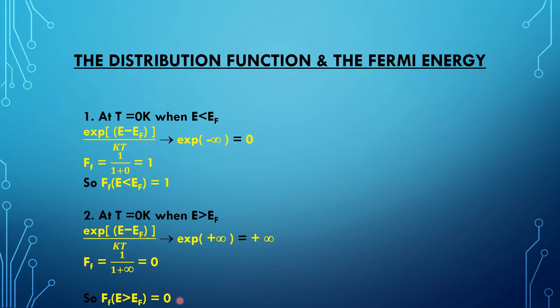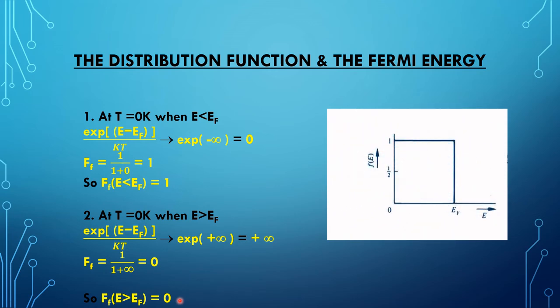Right. This Fermi-Dirac distribution function we can plot for T equal to 0 Kelvin, this is the plotting. For T equal to 0 Kelvin, the electrons are in their lowest possible energy state, right? The probability of a state being occupied is unity for E less than Ef.